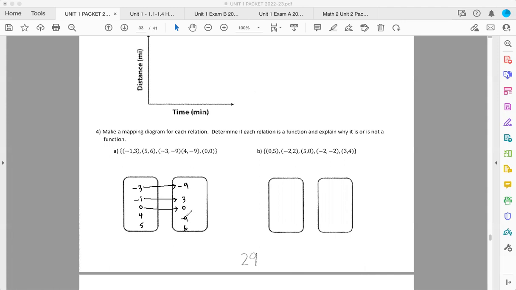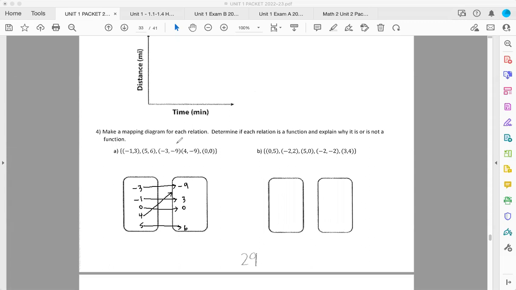I wrote -9 twice, and I know 4 is going to map to that. So should I write the values twice in the mapping diagrams? The answer to that is no. So I can initially write it, and then when I see that it's repeated, I can cross it out and erase it, and then say 4 also maps to -9, and erase it from here, and then make the 5 map to 6.